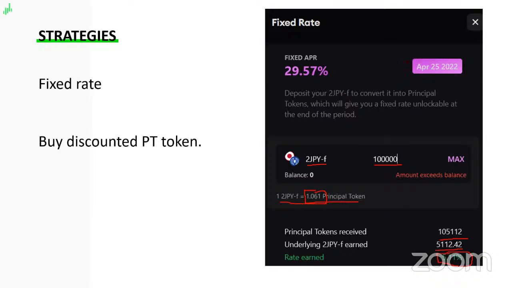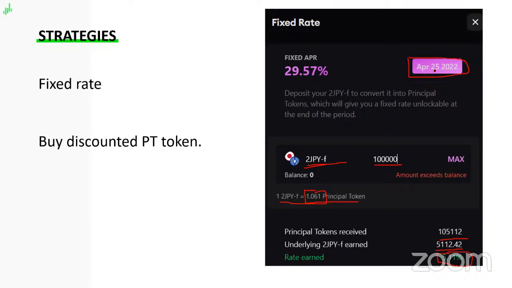The end of the period is April 25. So right now we are the 17th of February. So if I sell $1,000 of underlying, I will receive $1,005 of the locked token, so the principal token, and I will be able to exchange them for 2GPY, but on April 25.